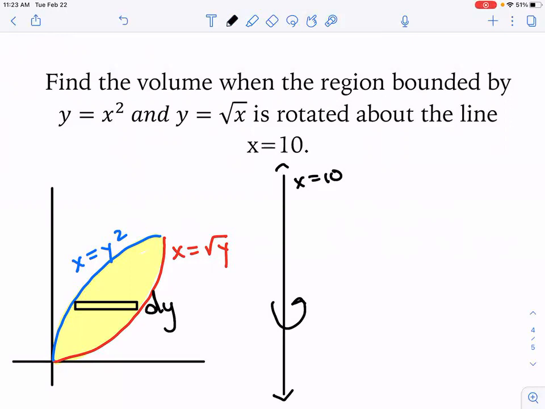So it's the same region. We're just going around x equals 10.